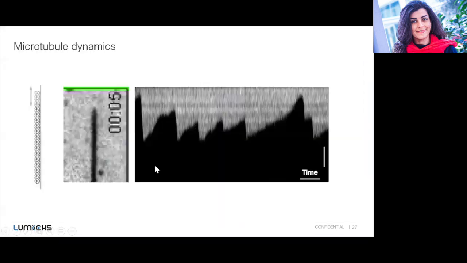And how can it be used? For example, we can have microtubules on a glass slide without any fluorescent label, and you can look at the growth and shrinkage of these microtubules over time to get information about the rate of growth and shrinkage of these filaments.